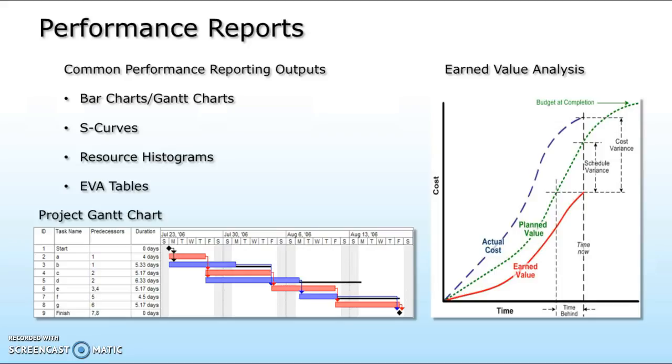Now, earned value analysis is the most common method of performance measurement, in addition to Gantt charts showing activity, start and end dates, as well as expected duration, and sometimes dependencies. They are relatively easy to read and are frequently used in management presentations.